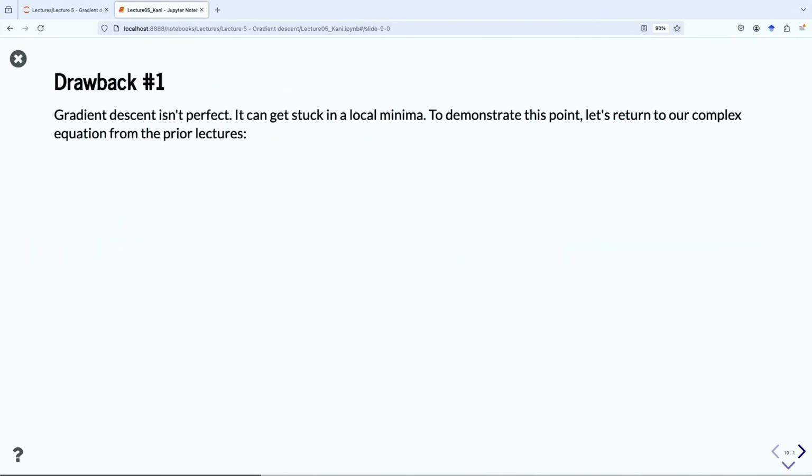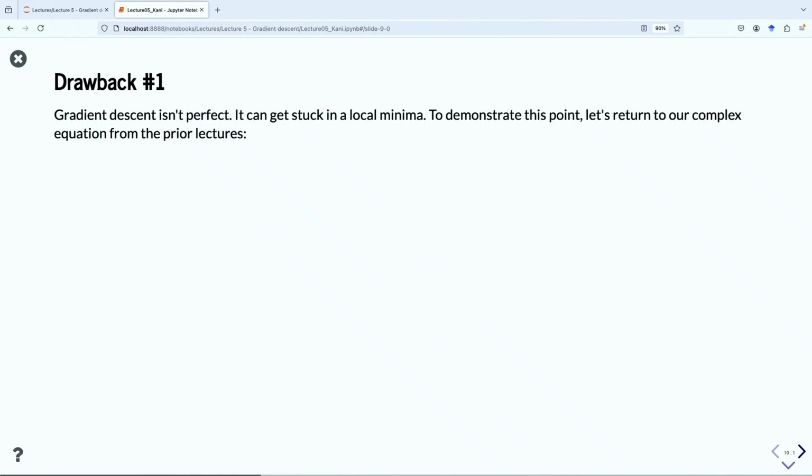Okay, so there is a major drawback of gradient descent, which Dominic pointed out so eloquently earlier. It's not just a drawback of gradient descent, it's a drawback of any iterative algorithm where we're trying to find a minimum. And that's simply that it finds a minima and sticks there, right?